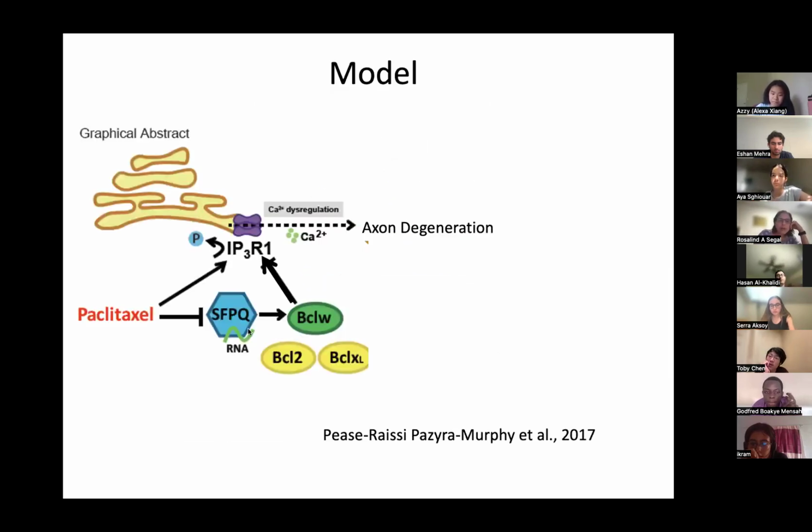So our model of what's happening then is paclitaxel interrupts transport of these RNA granules. Therefore, it reduces the level of BCLW in the axons. BCLW, through its BH4 domain, binds to IP3 receptor, and so regulates calcium in the axon.